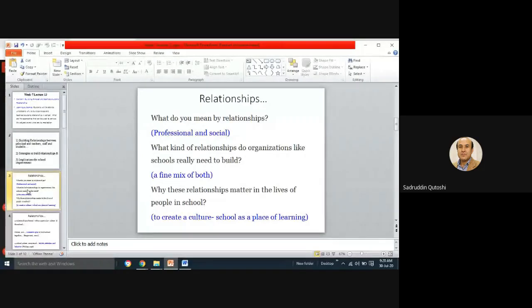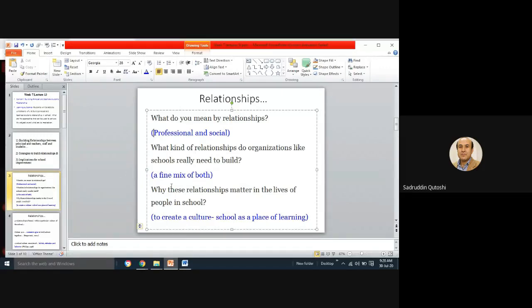So you need to use a humanistic approach in the school, because this humanistic approach develops social interactions, and that social interaction is a must in order to create a conducive, very healthy culture. Within that, trust and respect must be there in the school. So that sort of social relationship is necessary.